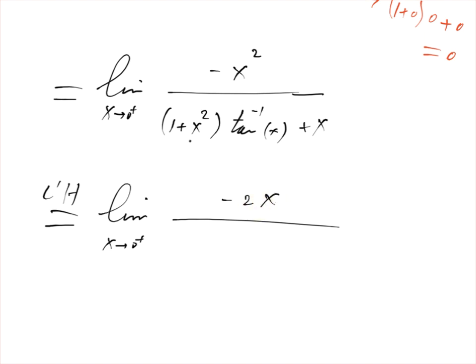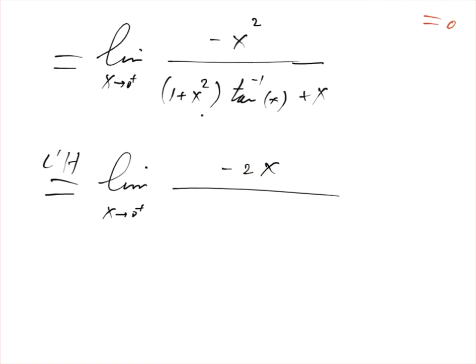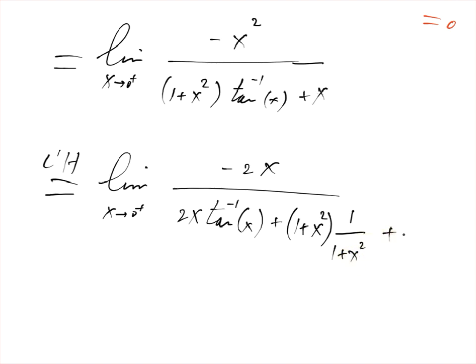In the denominator, I have to use the product rule for 1 plus x squared times the inverse tangent of x. The derivative of the first function is 2x times the second function, inverse tangent of x, plus the first function, 1 plus x squared, times the derivative of the inverse tangent of x, which is 1 over 1 plus x squared, and then plus the derivative of x, which is 1.